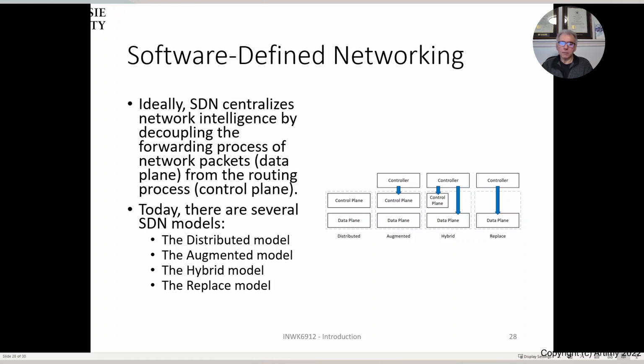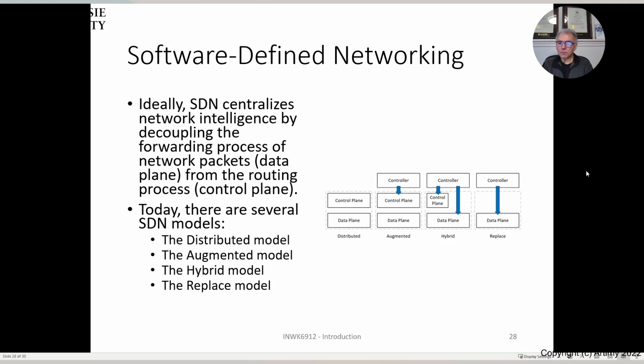But after a while, people came up with different ideas where we can have software-defined networking, but not necessarily removing everything from the device, not removing all the intelligence from the device.